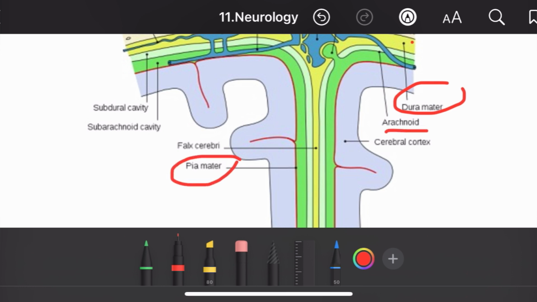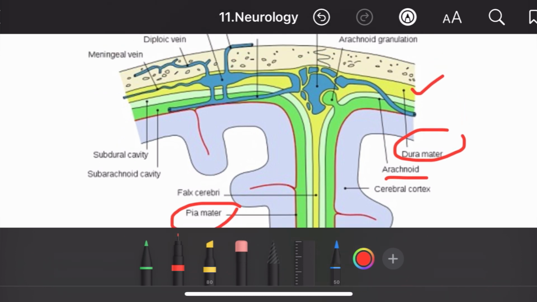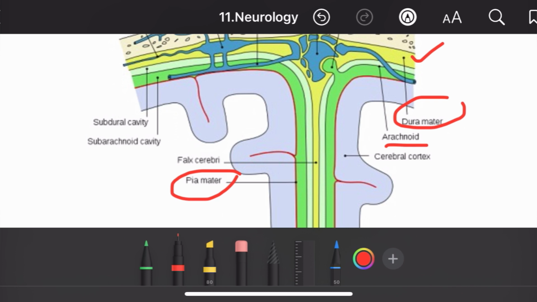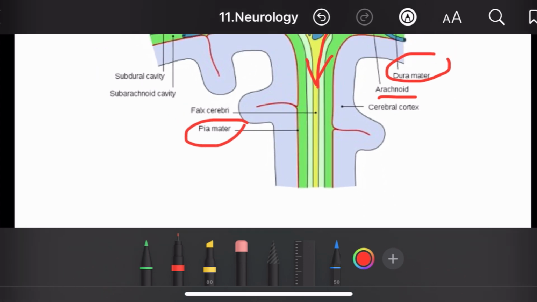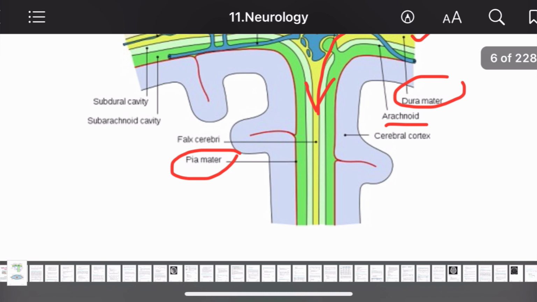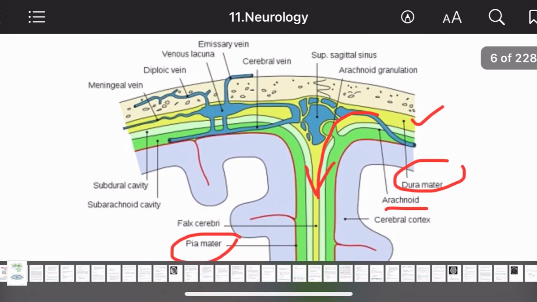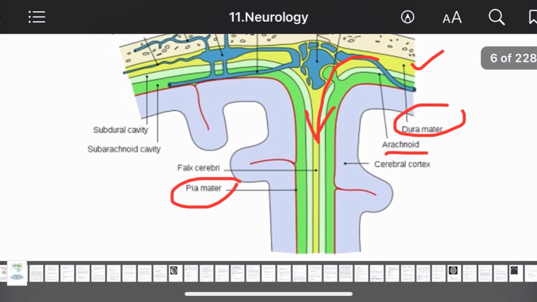If you observe this, this is the dura mater. This dura mater folds inside this way. It is folding inside the fissures of the brain, and as the dura folds, the arachnoid mater is also folding.